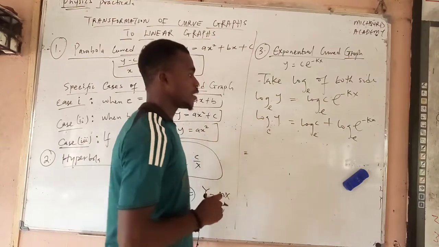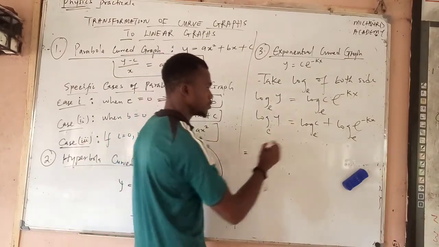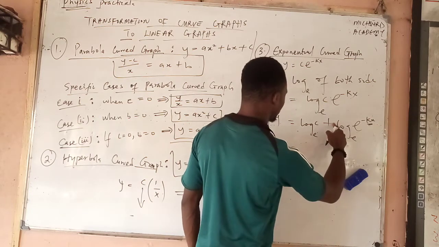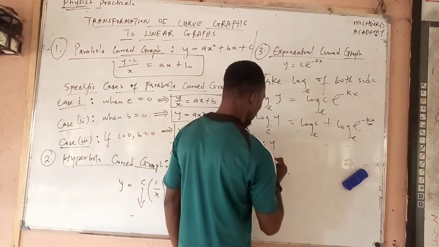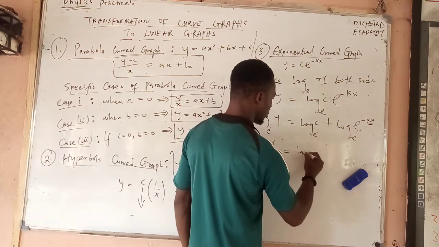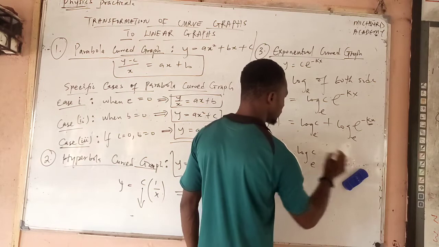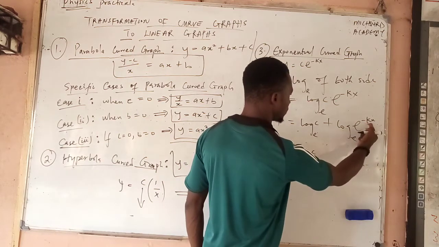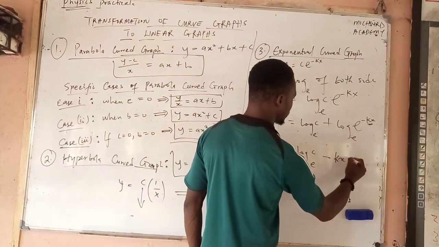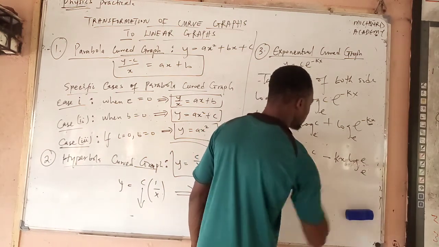Okay, now what we want to do is apply the power law of logarithm. Move this over to this side. Then this will be log y to base e is equal to log c to base e. Then this negative kx moves over to this side. Here becomes negative kx log e to base e.